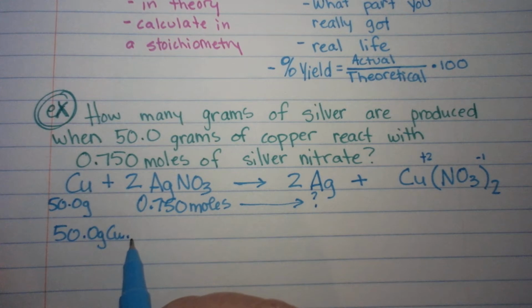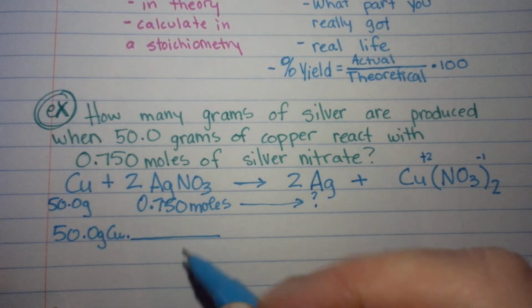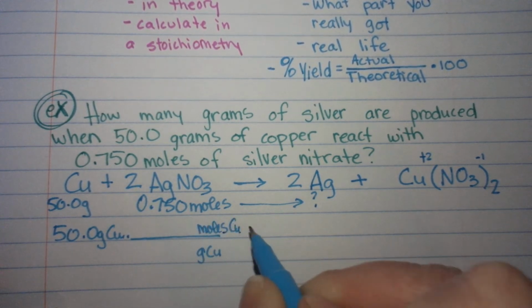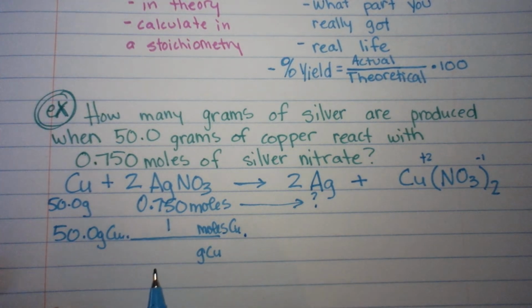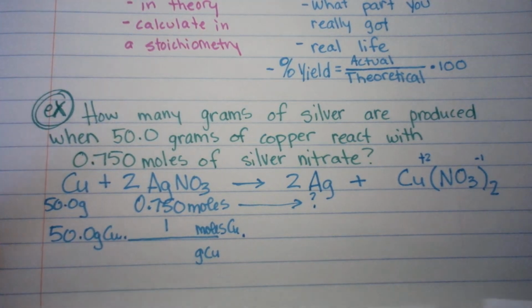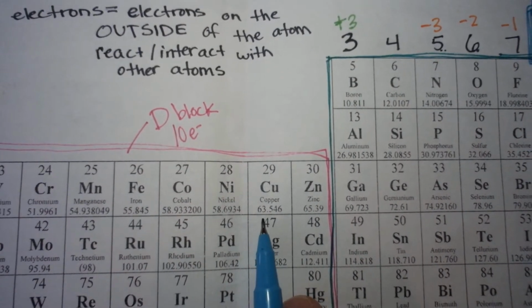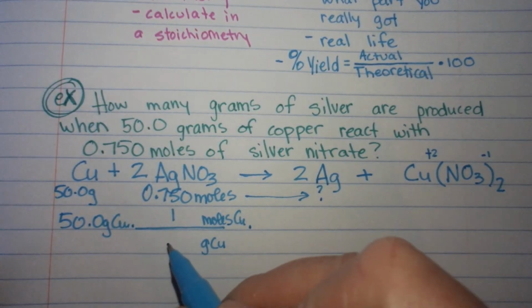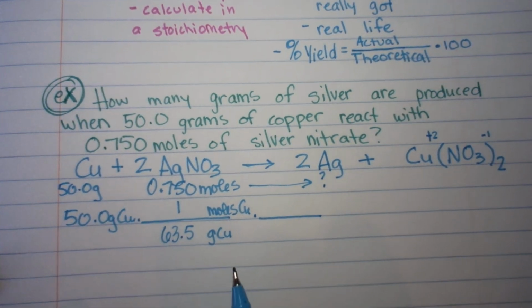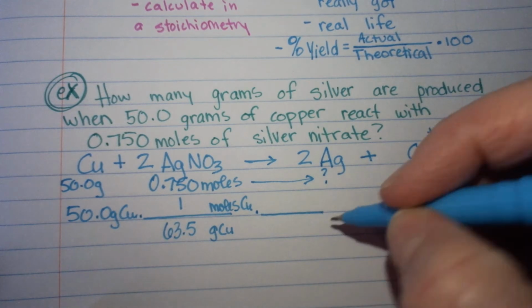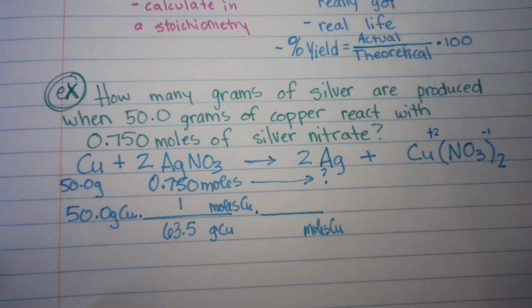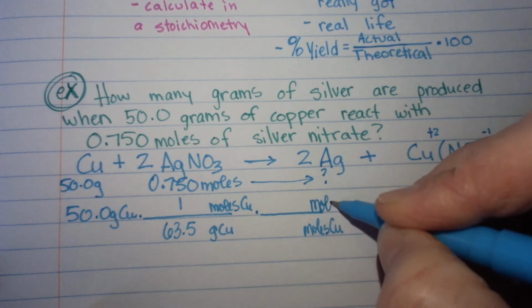And we're going to just do stoichiometry. Okay? And if I look at my periodic table, I'm going to find that copper has a molar mass of 63.5. And I need to get rid of my moles of copper. And in this case, I'm going to come up with moles of silver. That's really what I'm looking for.